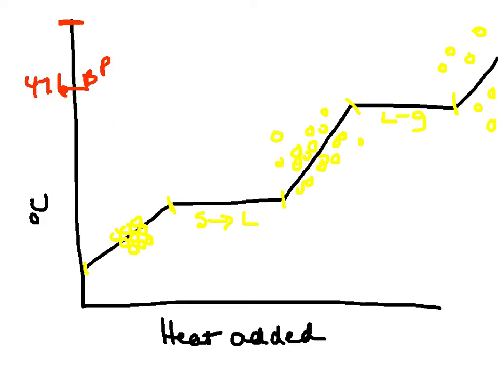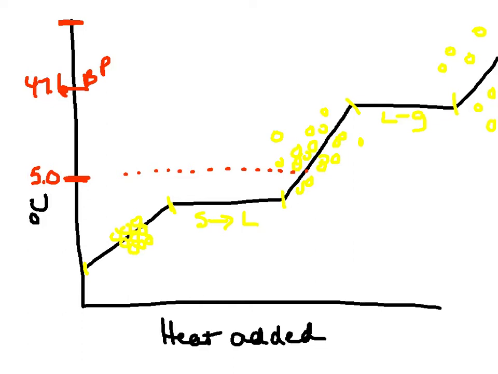I don't know where that is in relation to the melting point, but it really doesn't matter, because the problem tells me that it is a liquid. So if it is a liquid, it's going to be someplace above the melting point. So I'm just going to arbitrarily put that 5 degrees Celsius right there, because I know if I go across here, I'm in the liquid phase.